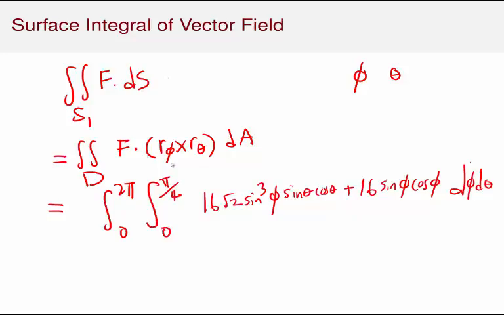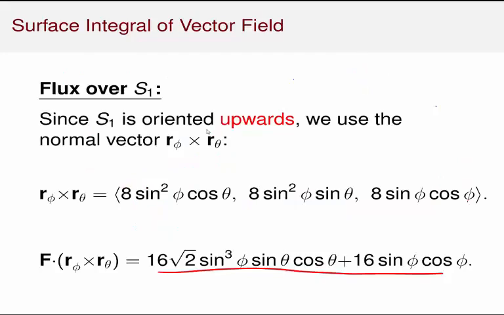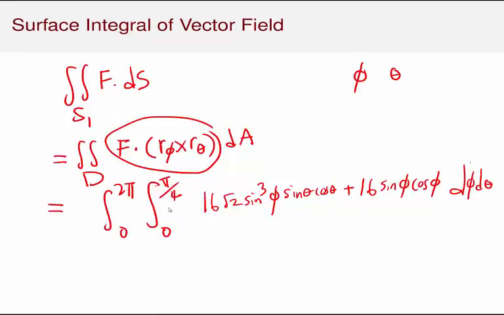After substituting for the integrand, which we obtained previously, we arrive at the following iterated integrals in terms of theta and phi. After some simplifications, we arrive at the answer, which is 8 pi. So this is the surface integral across the surface S1.